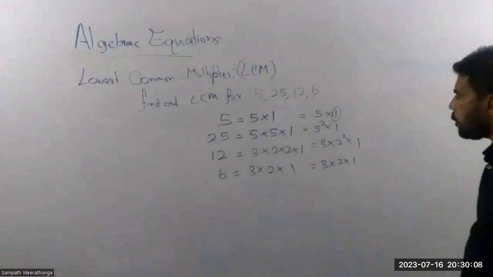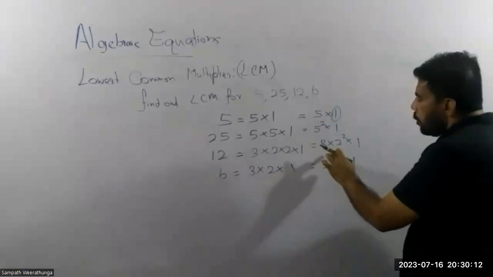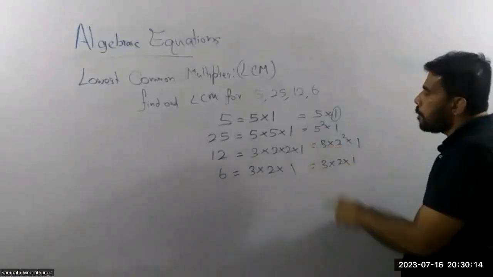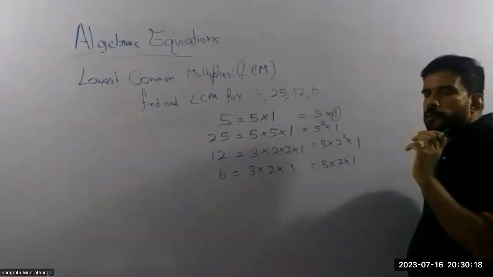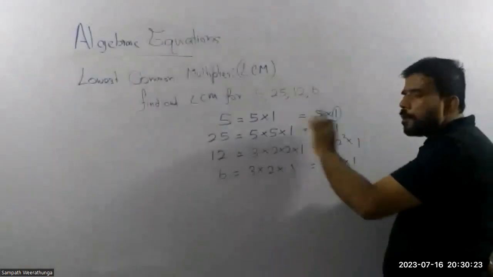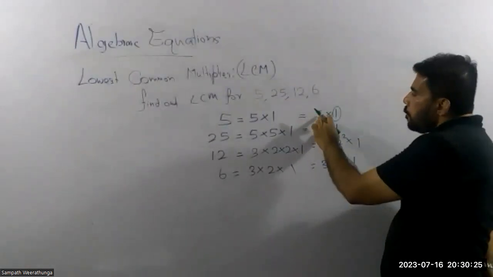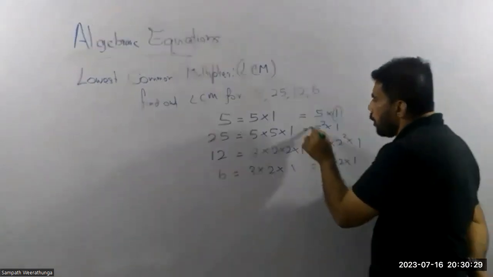Then 5s, we'll consider 5s. 5 appearing here, 5 appearing here, no 5s here. So the biggest power of 5, because the number I'm going to select should be divisible by all given numbers. So that 5 is divided by 5 square. So the possible candidate is 5 square, not 5.